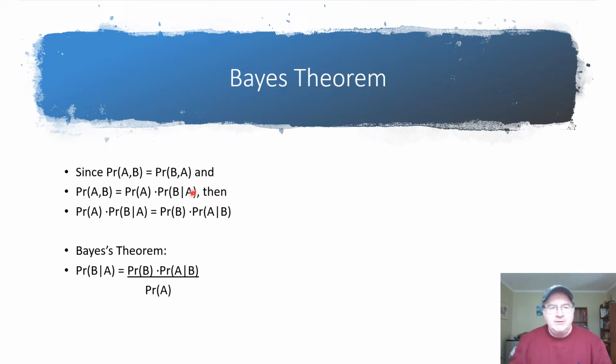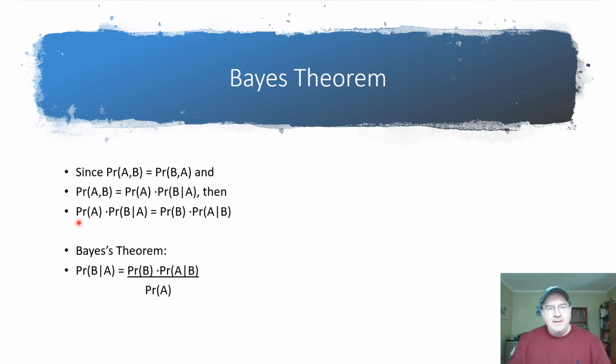Putting in my conditional form of the probabilities, that's probability A times the probability of B given A. Then, just substituting on both sides, the probability of A times the probability of B given A is equal to the probability of B times the probability of A given B. So I'm just reflecting these two things.